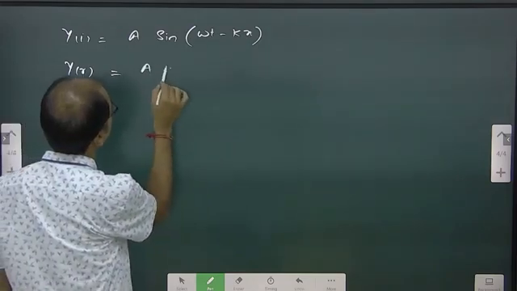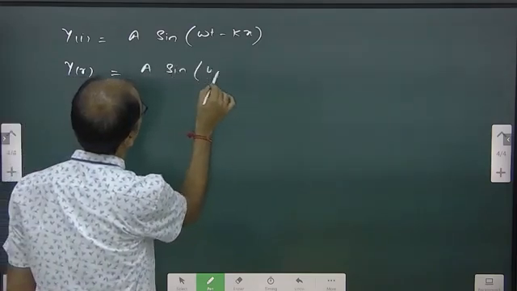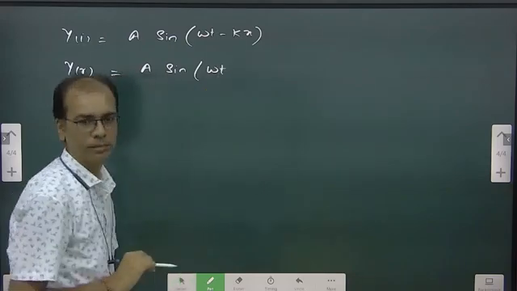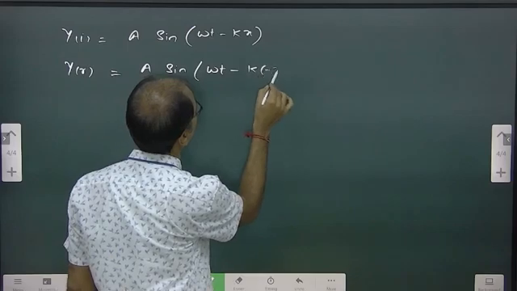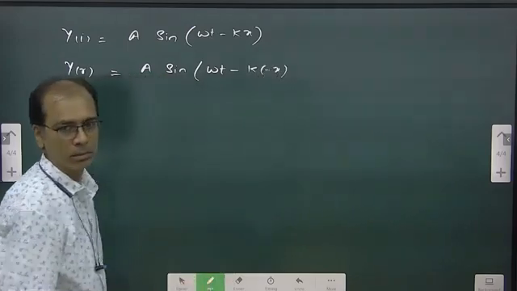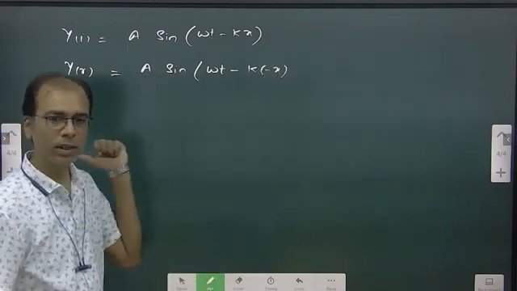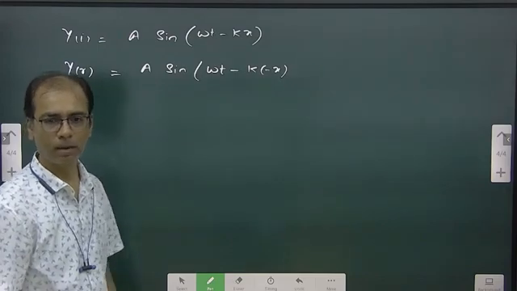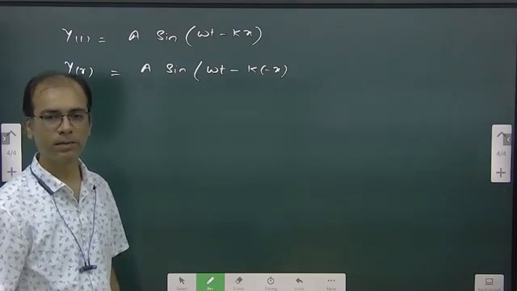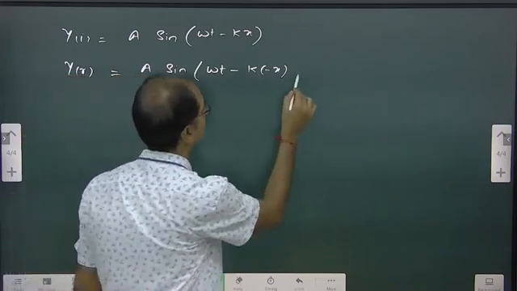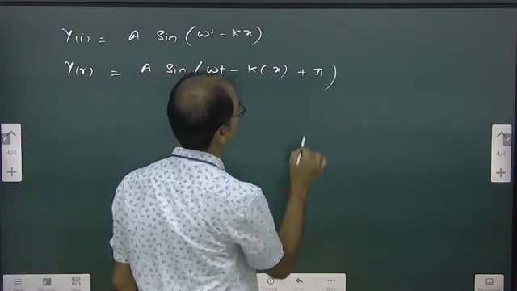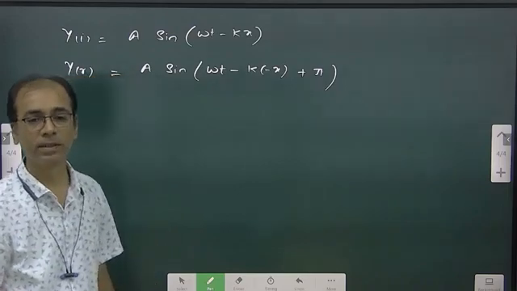A sin(omega t minus k into minus x, because it's traveling towards negative x now, plus pi, because phase has changed by pi.